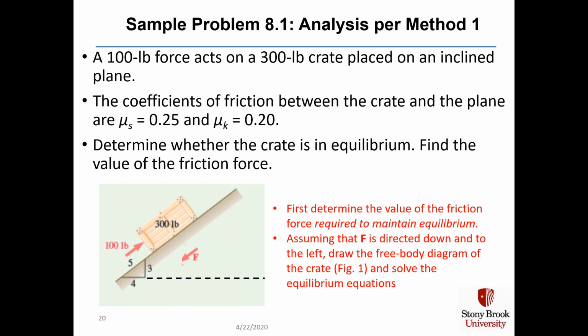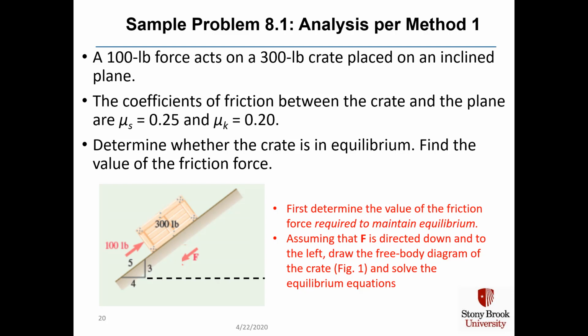We'll assume that F is directed down and to the left, and we'll draw the free body diagram of the crate and solve the equilibrium equations. Now, we've already taught you that generally you want to assume that friction is opposing the impending motion, but we don't know if the impending motion is going to happen at all.